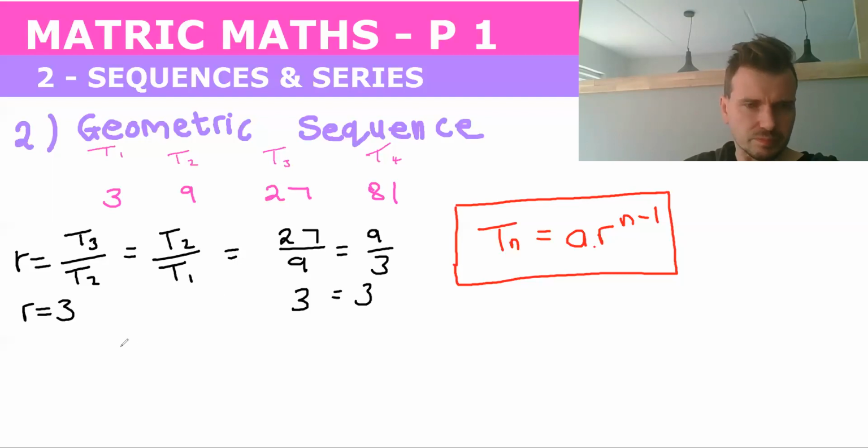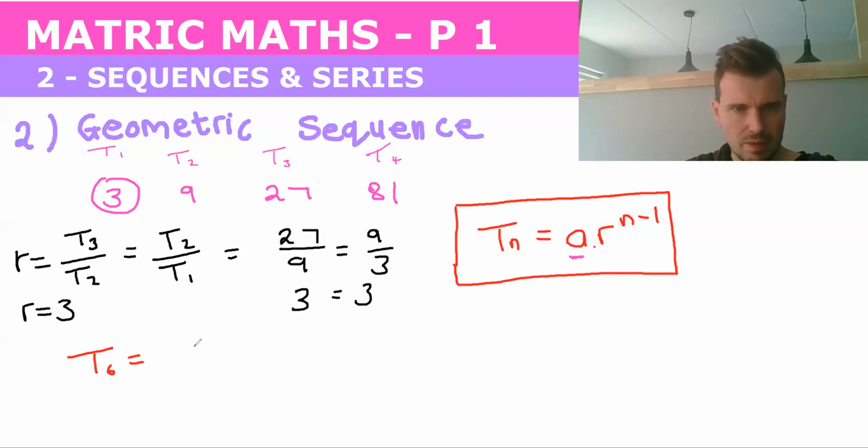But let's say that you didn't do that and they just asked you for the sixth term. So what you do is you say T6 equals A. Okay, so A is that 3. And then your R is the ratio that you calculated, which is also 3.